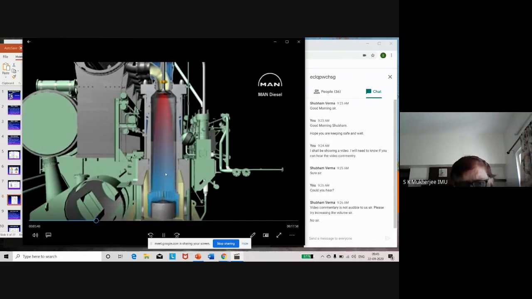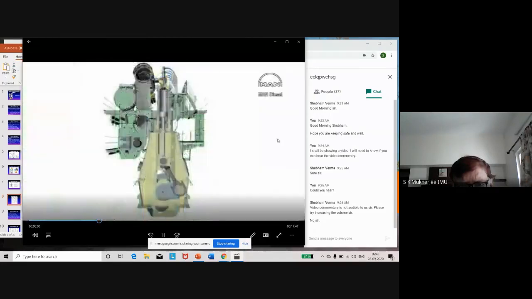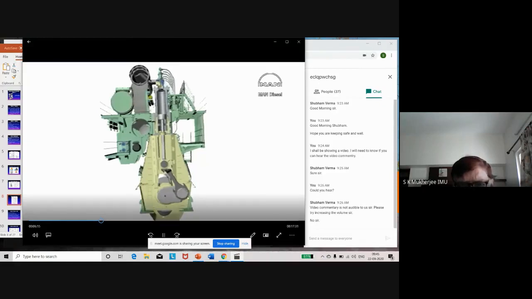The scavenge air enters and pushes out the exhaust gases. So that is the entire two-stroke, long-stroke engine. You see the piston rod, how long it is. This is to avoid the fouling of the liner when the angularity is made.